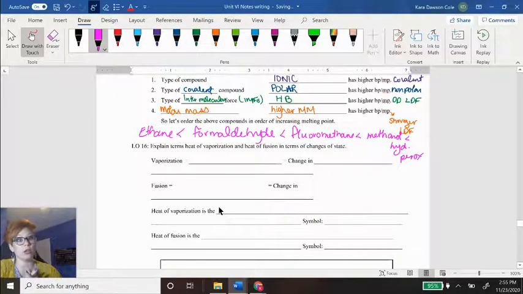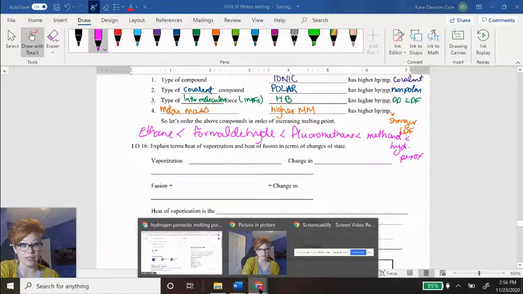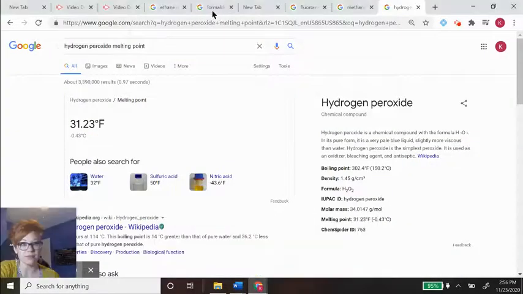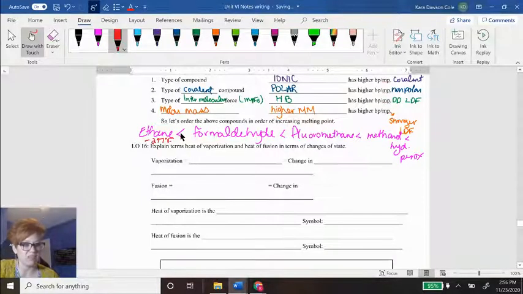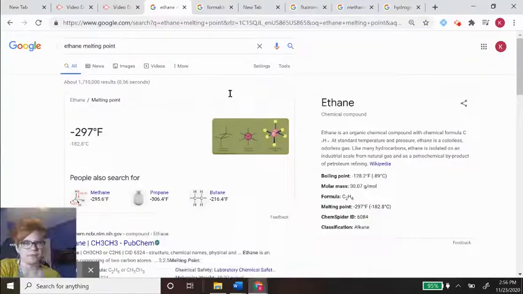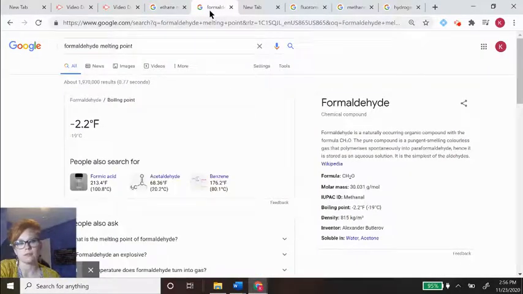So let's say that you are very tempted to cheat on this. Google is your friend, right? Well, let's see if you got this right. I looked up the melting point for ethane. Oh, it's negative 297. That's pretty low. Then I look up formaldehyde: negative 2.2.